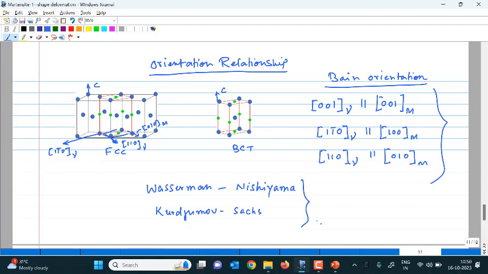The experimentally observed ones are actually more complicated in the sense that these numbers are not rational numbers. So these planes and directions are not exactly parallel, but approximately parallel to each other. So this orientation relationship that you have between austenite and martensite is found to be irrational.